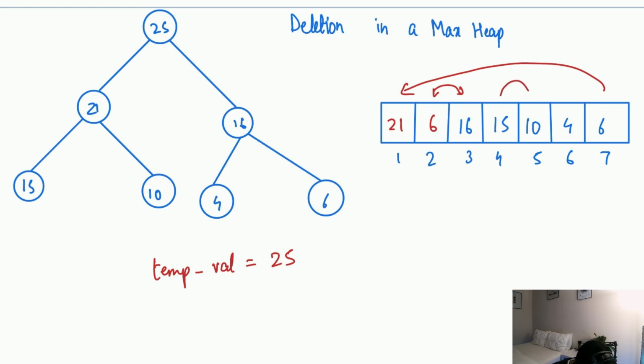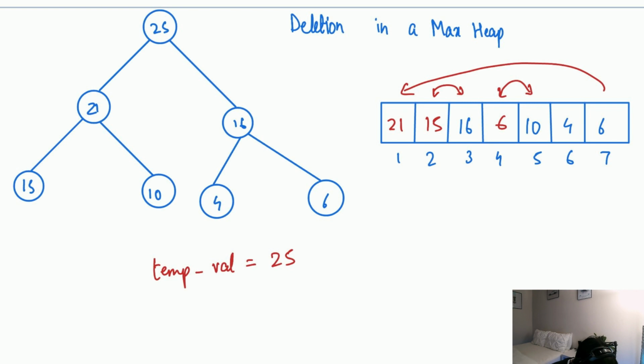There are still children nodes, so we compare, and whichever value is higher gets swapped into this position. Please note that this swap only happens if the value swapped at the top is lesser than the value at the children node, to maintain the heap property.